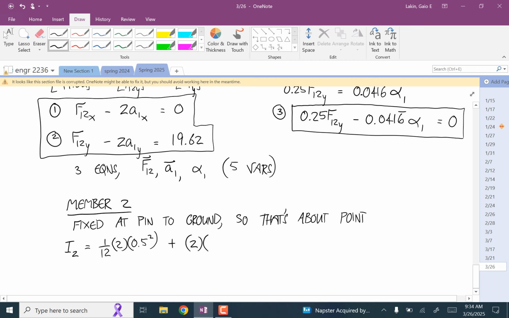What's the distance from the center of mass to the about point? 0.25 squared. And so that is 0.16 repeating kilogram meter squared.